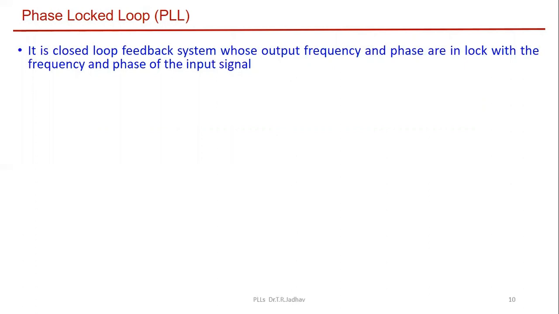So this is how we define the phase lock loop. It is the feedback system, closed loop system, whose output frequency and phase are in lock with the frequency and phase of the input signal. So they are matched.